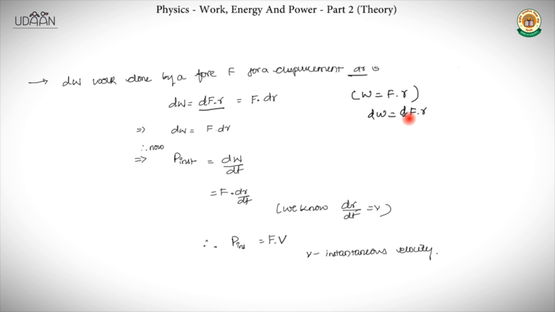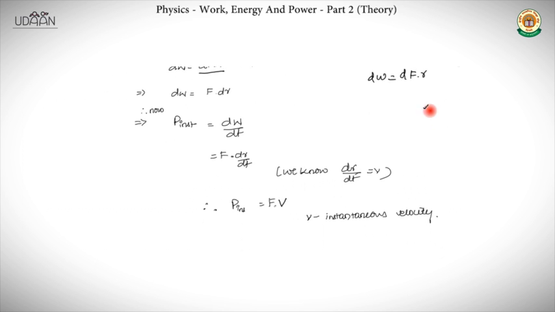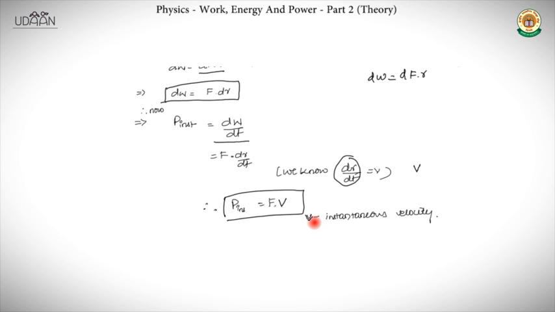As the force is constant in this situation, we take the instantaneous displacement of the particle, that is dr. That's why we get dW equal to F into dr. Now for instantaneous power we get P instantaneous equal to dW by dt, that is F into dr by dt. We know dr by dt is the velocity. So P instantaneous is equal to force into velocity. Here v is the instantaneous velocity of the particle.